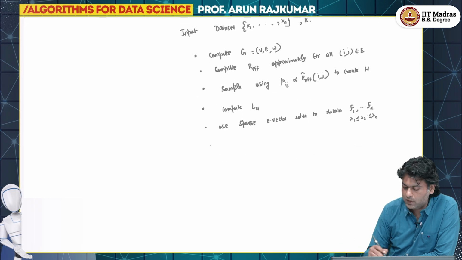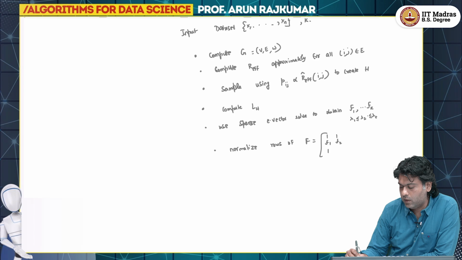These are the eigenvectors. And now normalize rows of f, which has columns f1, f2 till fk.